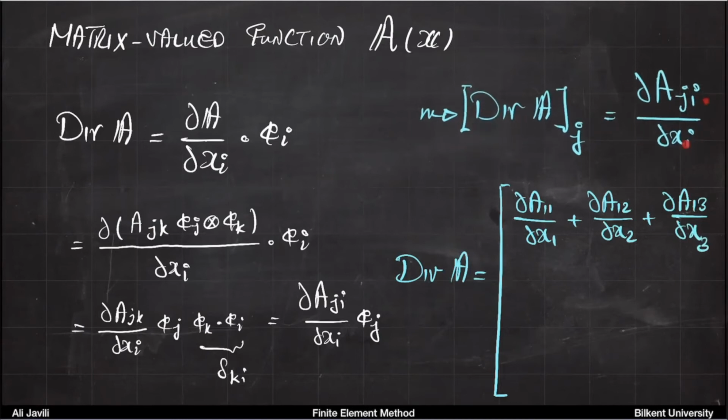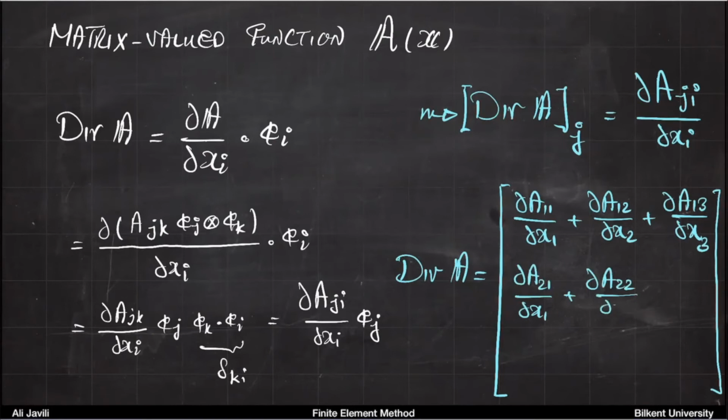It's basically the summation over i. The second row, so if j is 2, it's going to be the derivative of A21 with respect to x1 plus the derivative of A22 with respect to x2 plus the derivative of A23 with respect to x3.